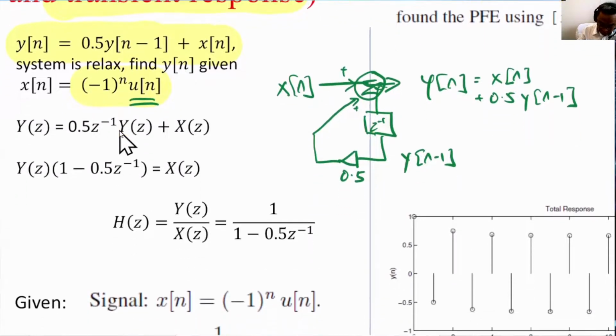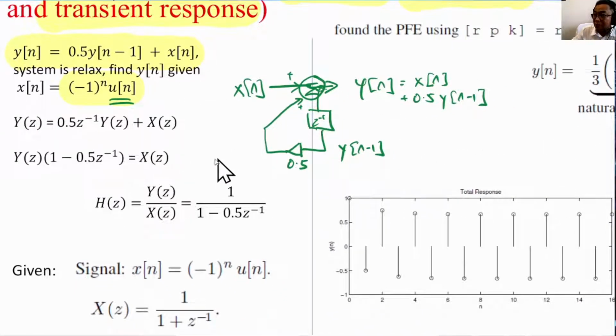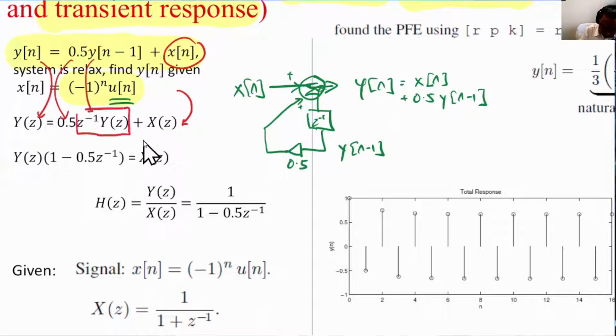Alright, now we want to find y[n], so we can of course convolve, but in this example we're not going to use convolution because you cannot convolve, because this is an infinite signal. So what do we do? We take this approach, which is to take the Z-Transform. x[n] becomes X(z), y[n] becomes Y(z), 0.5 remains a constant, y[n minus 1] becomes z^-1 Y(z).